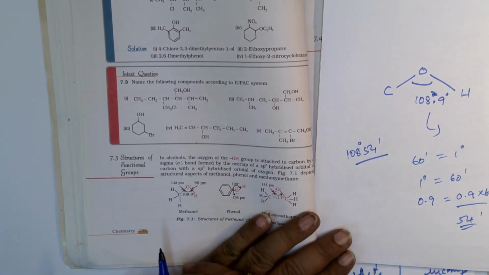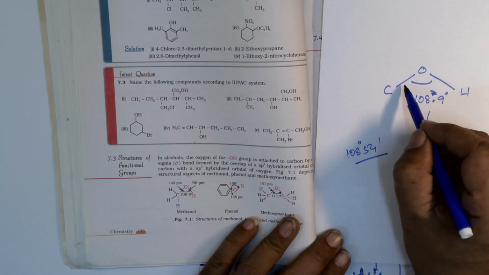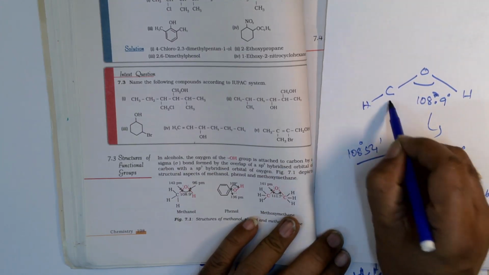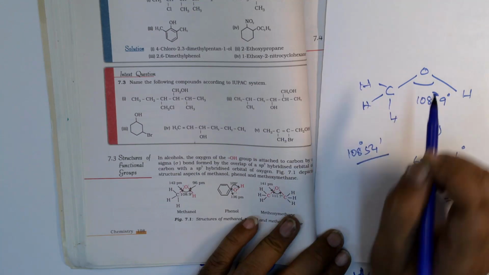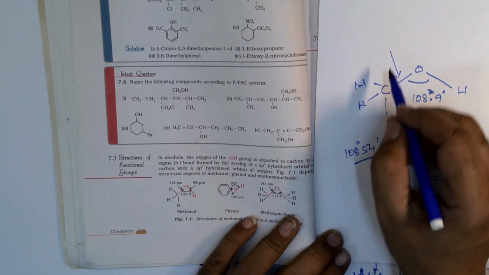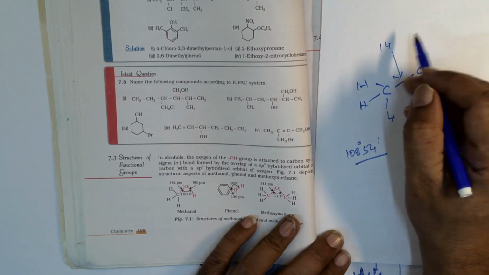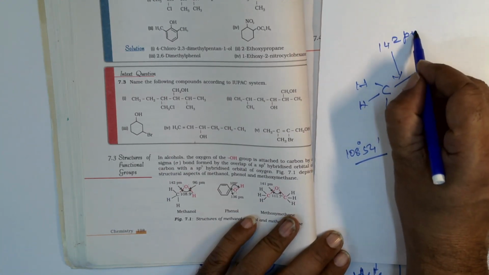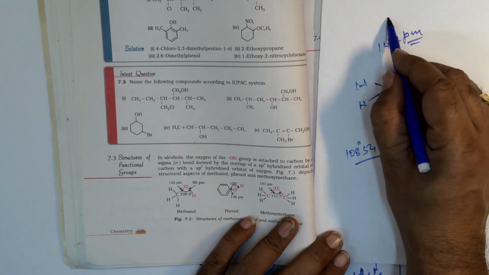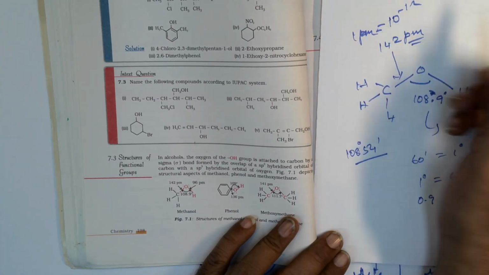Right. So here you have the C-O bond in methyl alcohol, and the bond distance is given in picometers, 142 pm. Pm means picometer, 10 power minus 12 meter is equal to 1 picometer.